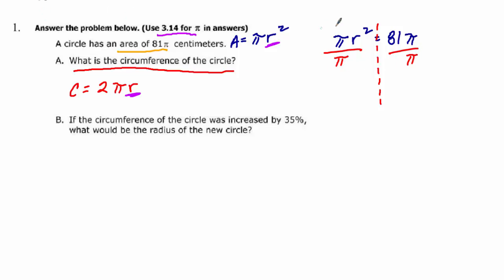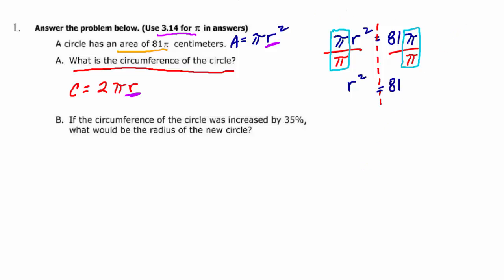If we divide by pi, just like if we had 9 over 9 or 5 over 5 or negative 3 over negative 3, top and bottom the same, that equals 1 whole. So pi divided by pi, 1 whole, 1 times r squared is r squared. Pi divided by pi, that's 1 whole. 1 times 81 is 81.